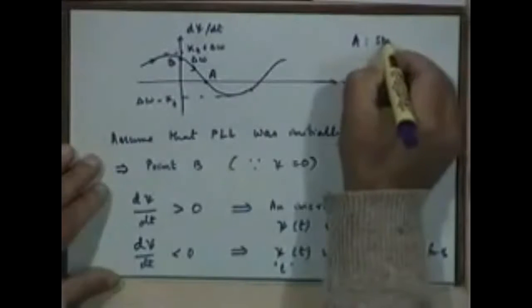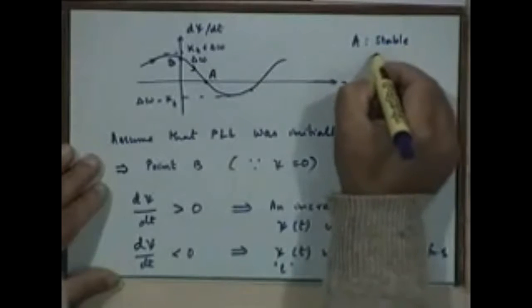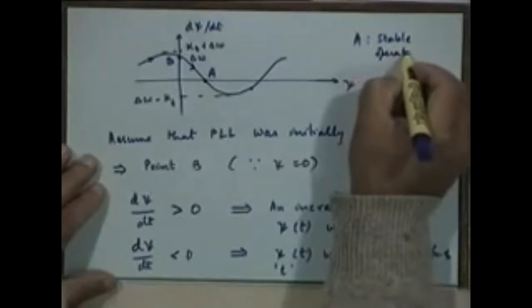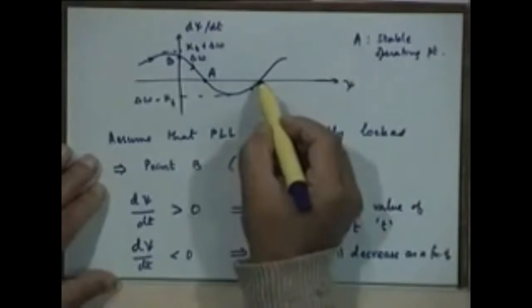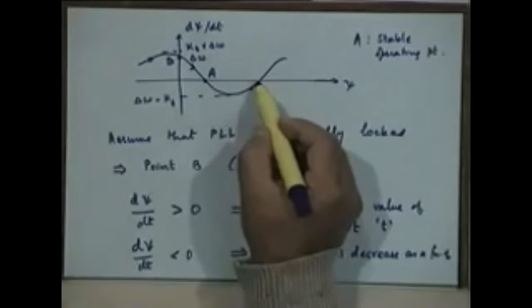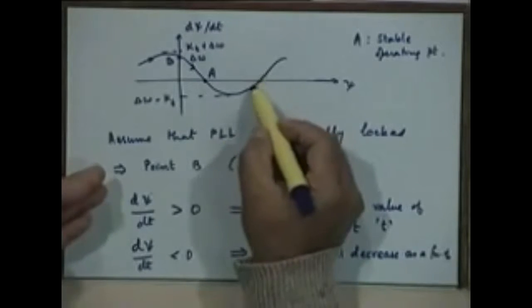So point A is a stable operating point. Incidentally, this will not be a stable operating point, as you can see. This is a quasi stable operating point, an unstable operating point, because if you slightly move on either side, you will move away from this point rather than towards this point, right.